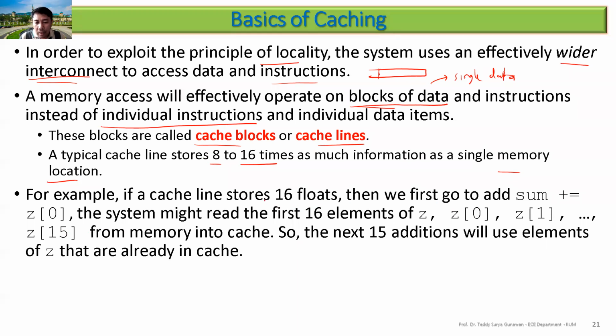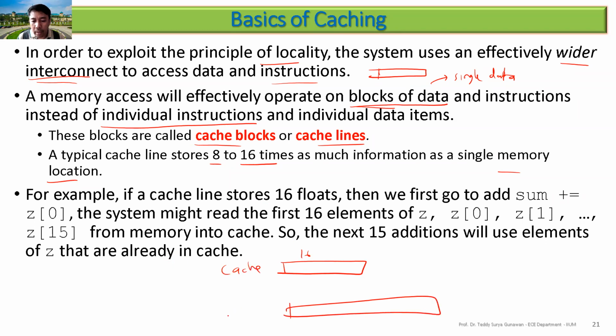If you have 16 per cache line, and the memory has, for example, 1,000 locations, let's see, 1,000 divided by 16 is 62.5.